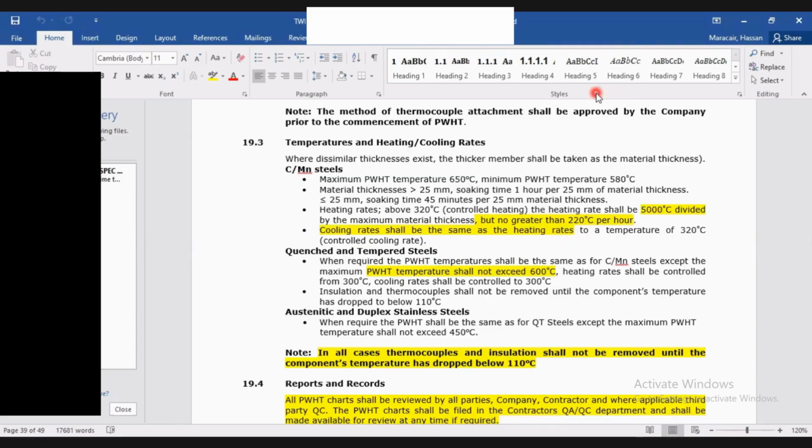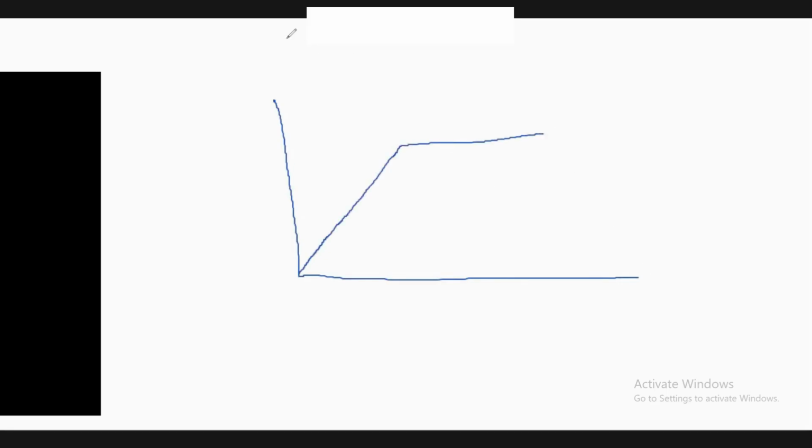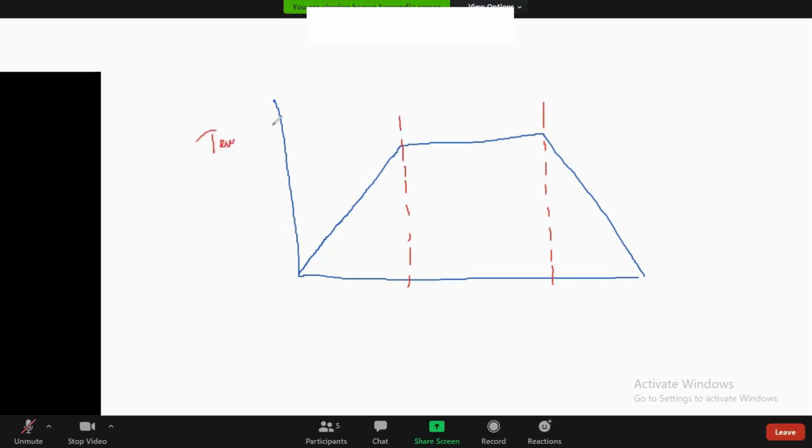The thing is like this. In PWHT, we have temperature here. And then we have time.